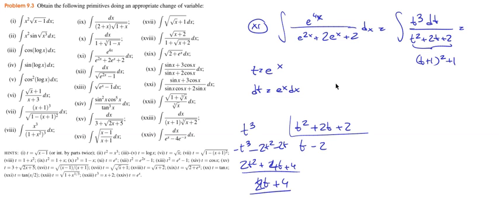Okay, so this is going to be equal to the primitive of t minus 2, plus the primitive of 2t plus 4 divided by t plus 1 squared plus 1 dt.